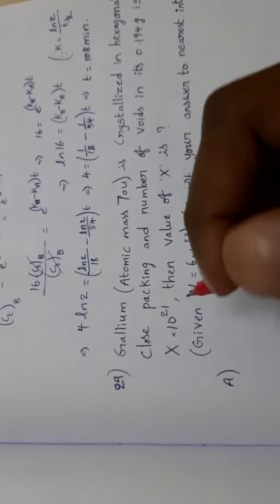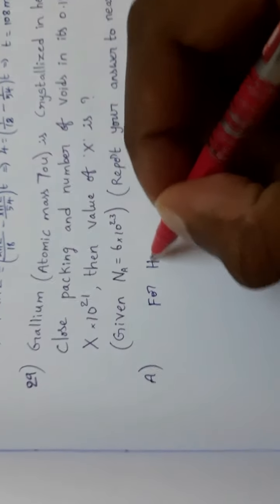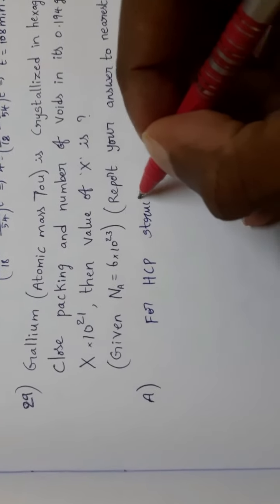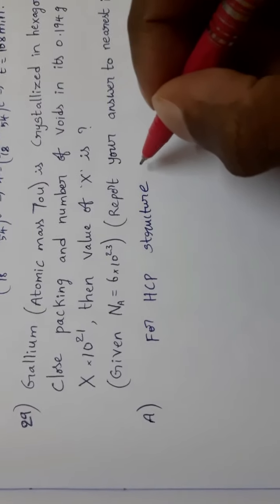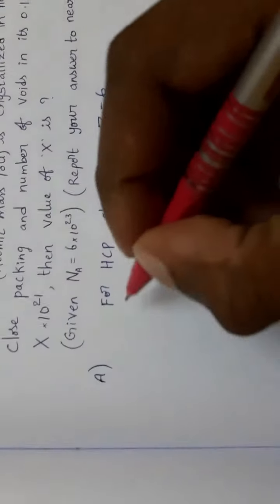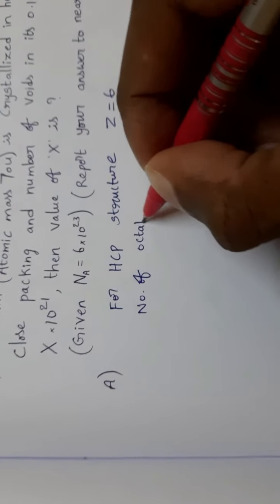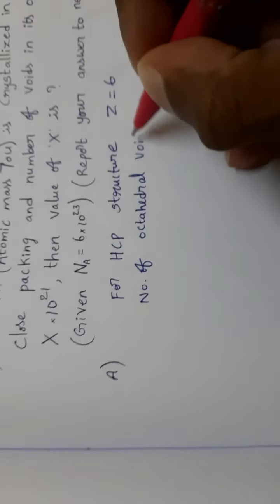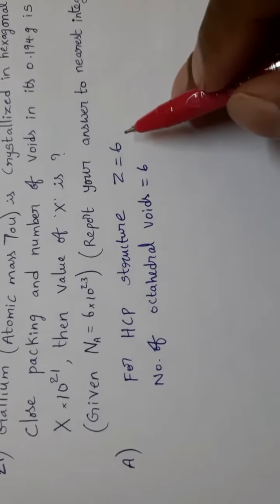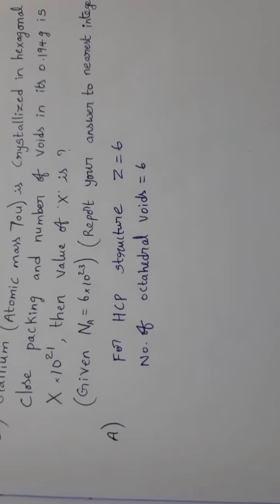See this, for HCP structure, hexagonal close packed structure, Z equal to 6. That means 6 atoms per unit cell. Number of octahedral voids is equal to number of atoms in the unit cell. Number of atoms is 6, then octahedral voids will also be 6.